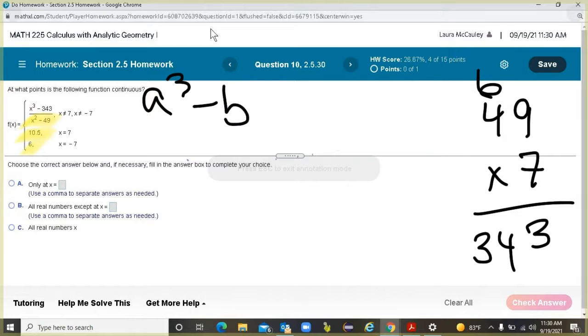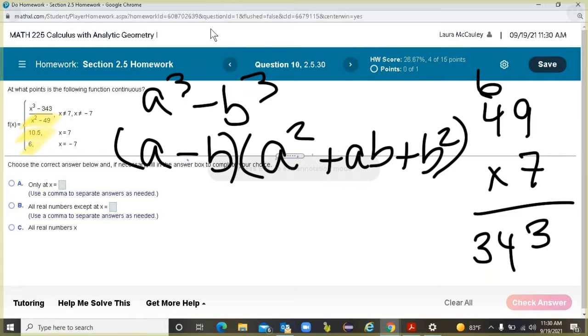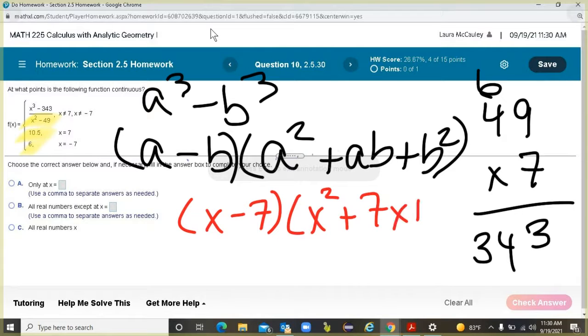So if you recall, this factors into same, opposite, always positive. This factors like this. So for ours, that's going to look like this. So on top, we're going to have x minus 7, and then we're going to have x squared plus 7x plus 49.